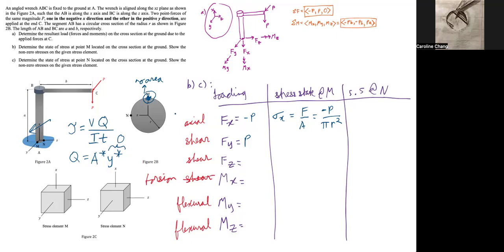Remember how we calculated the shear stress using this formula over here. So that being given, our shear stress will be equal to 0.